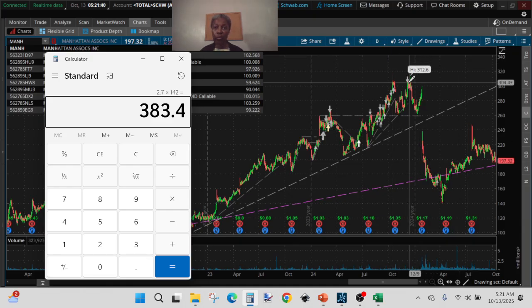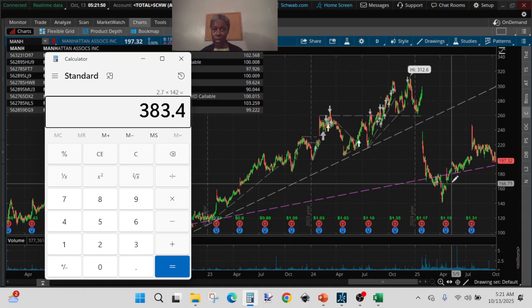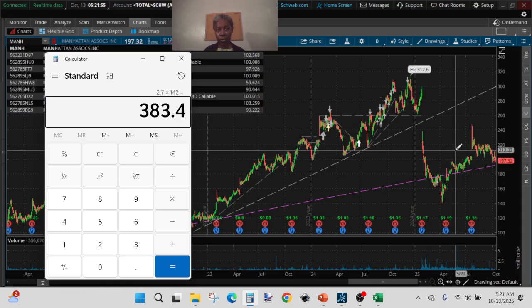And I like to journal my trade by putting arrows on the chart, so that gives me a landmark or identifier point for me to reference when I'm making those decisions. So that is our entry and exit point using long uptrend lines.